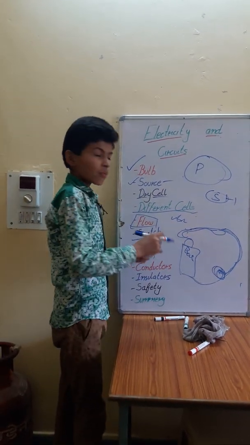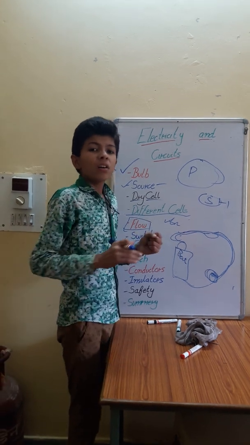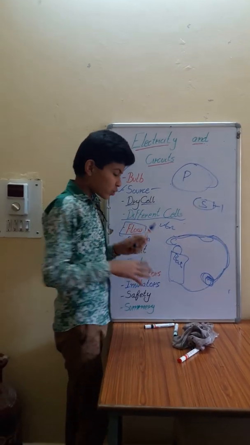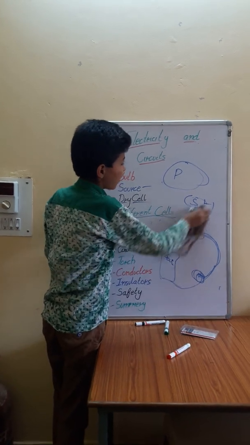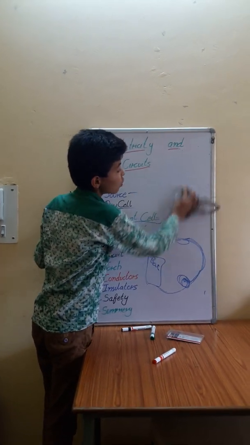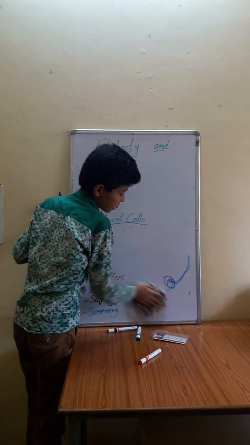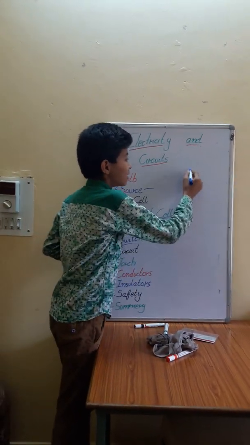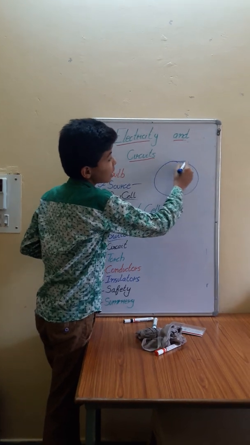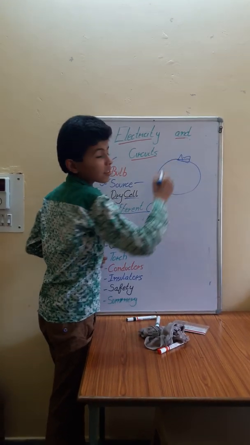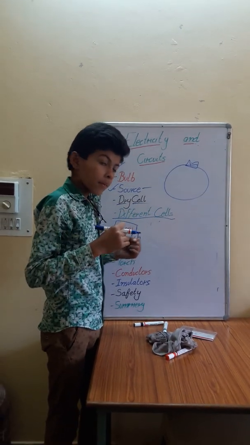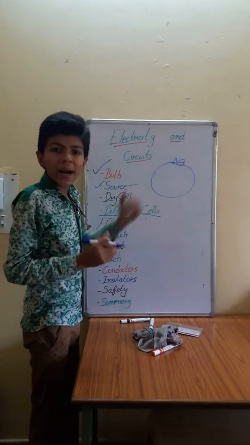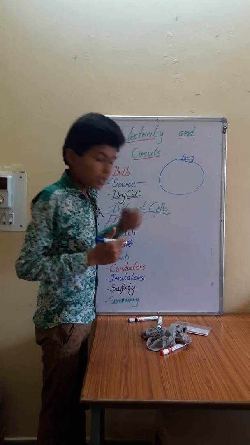Now switch. We all know a switch, but what really is a switch? A switch is a device that is used to open or close the circuit. How can you make a homemade switch?